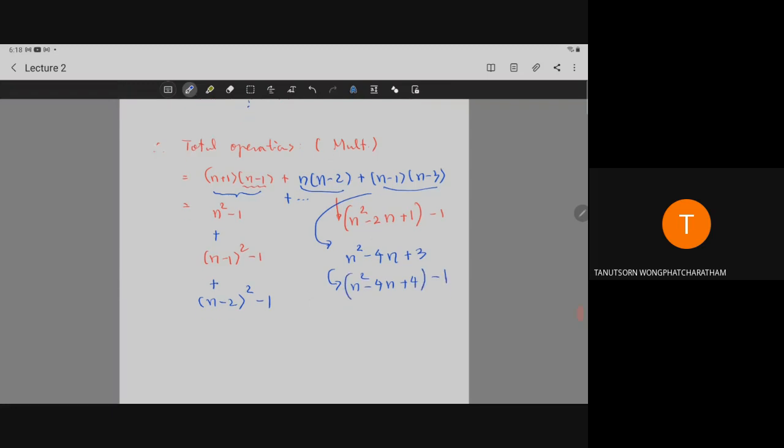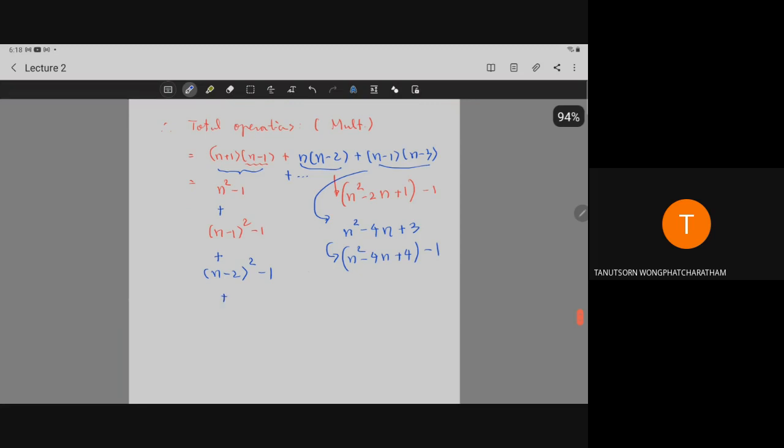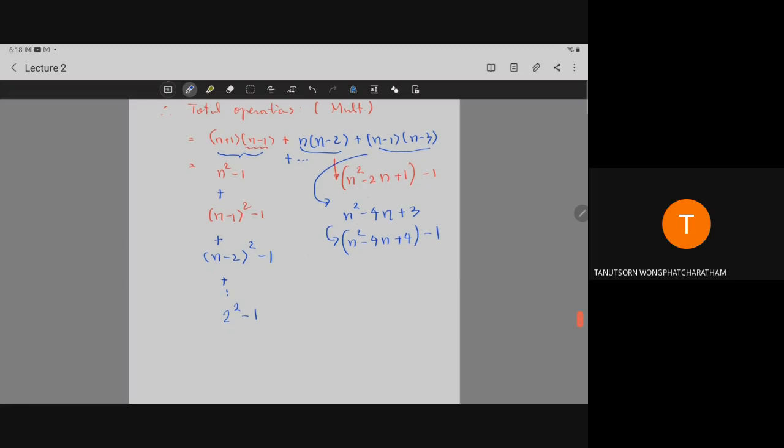I'll keep doing this until the end, and the last term here is going to be 2 square minus 1, meaning that for the last step we only need 3 operations.